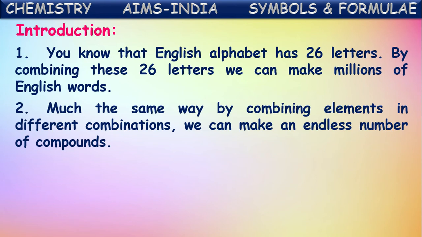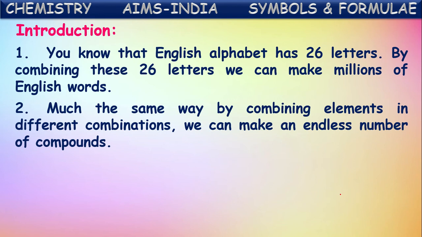In the similar way, in chemistry also, there are only 118 elements. Our scientists have discovered only 118 elements so far. Only these 118 elements combine in different combinations, making an endless number of compounds.